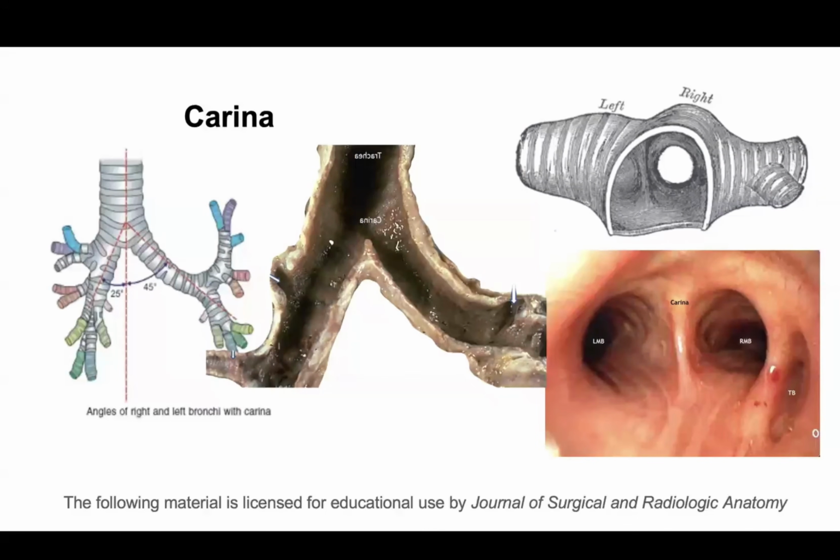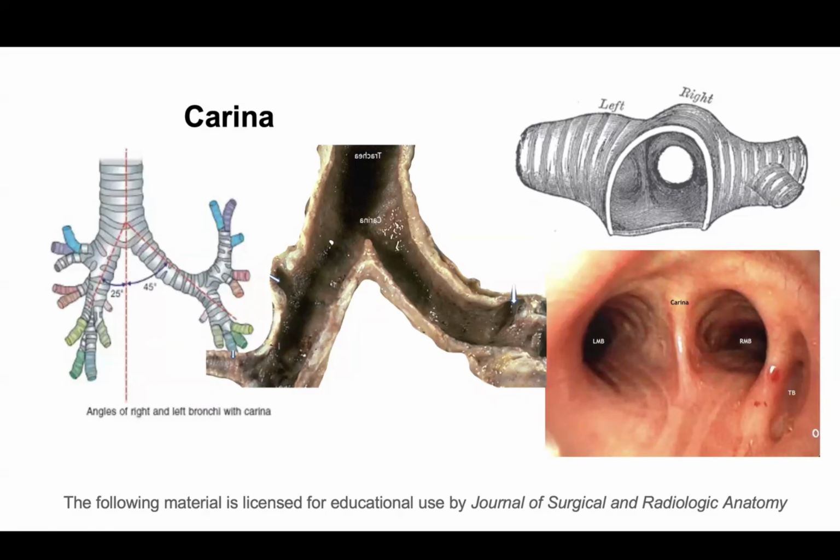Now, the carina is, as we mentioned earlier, the point of bifurcation. It's the ridge at the bottom of the trachea where it splits into the right and left main bronchi. You're going to notice that the right main bronchus is wider, shorter, and almost like a vertical dead drop.